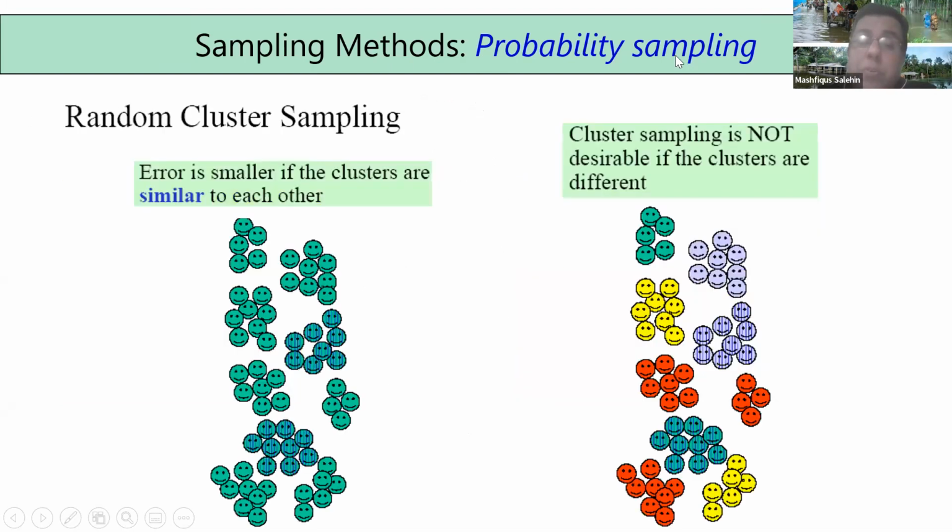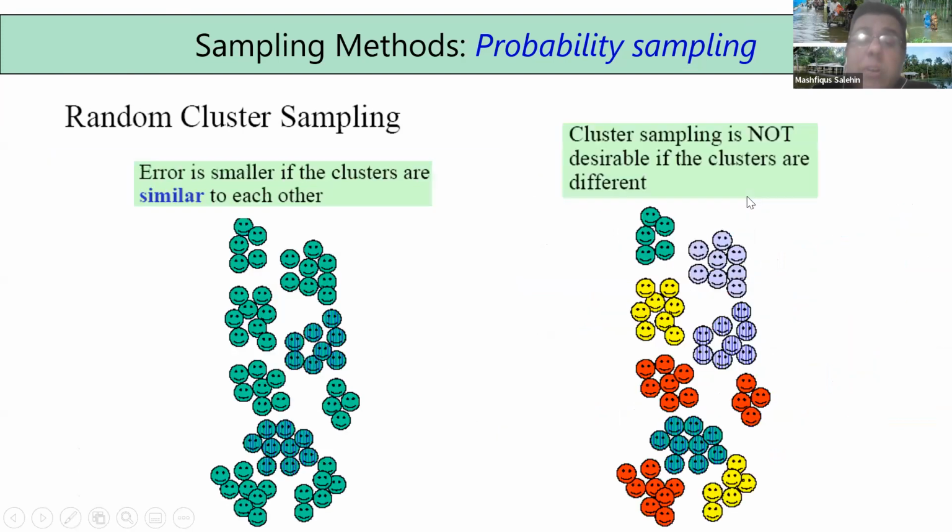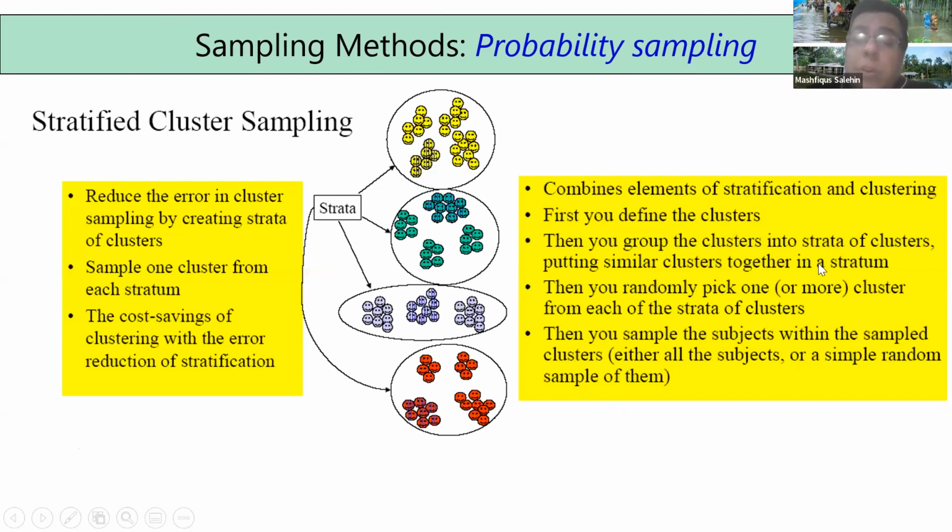For example, you have grouped all the elements here into clusters, and then also did the same for here and same for here and same for here, and then you group the similar clusters like this. You group the similar clusters into strata of clusters.